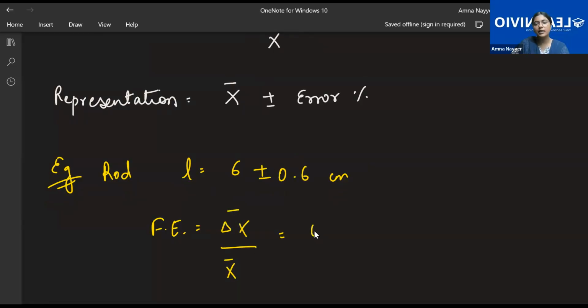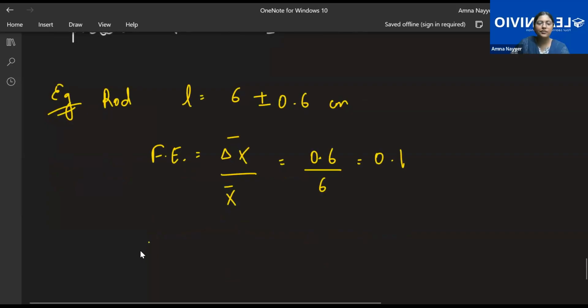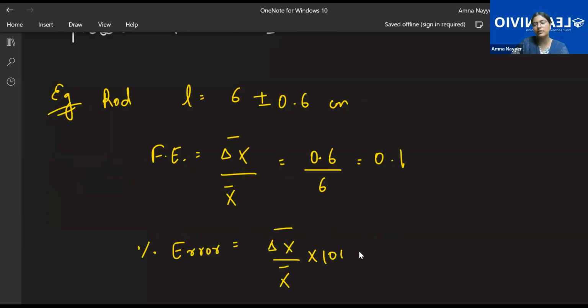So delta x bar here is 0.6 divided by 6, that is 0.1. This is the fractional error. Now, if we are talking about the percentage error, what we have to do? This whole thing, delta x bar by x bar into 100 simply. So this becomes 0.1 multiplied by 100, that is 10%.